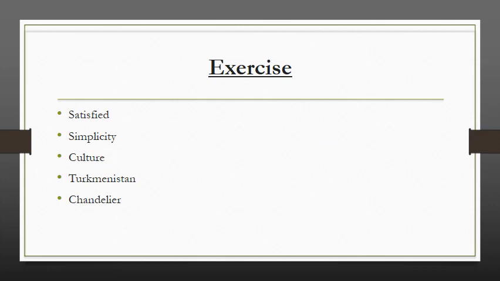And at last, there is an exercise to this topic. Five words are shown in front of you. You will have to classify these into the syllables. You have to separate these words into the number of syllables they contain, and mention how many syllables these words contain.